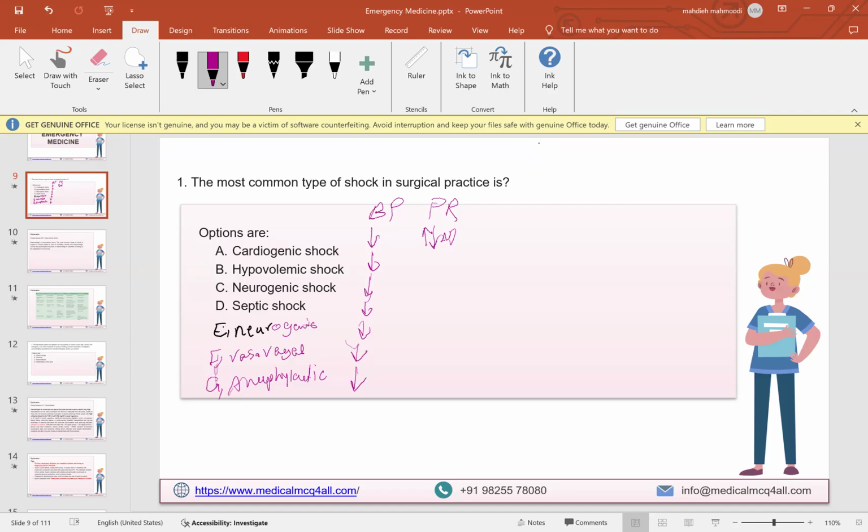In hypovolemic shock, how is the patient? The pulse will be feeble, and the rate will be increased. Fast and feeble. Yes. In neurogenic shock, how would it be?